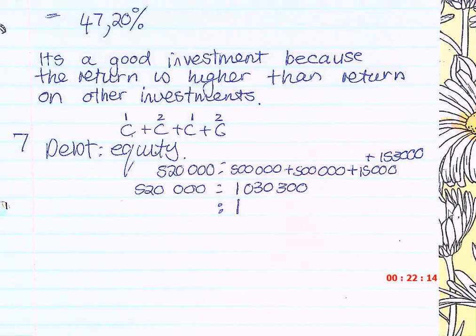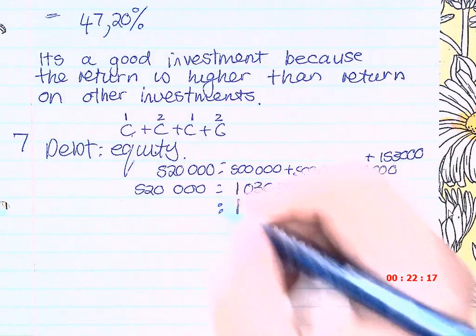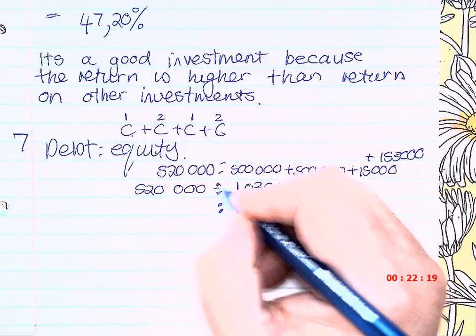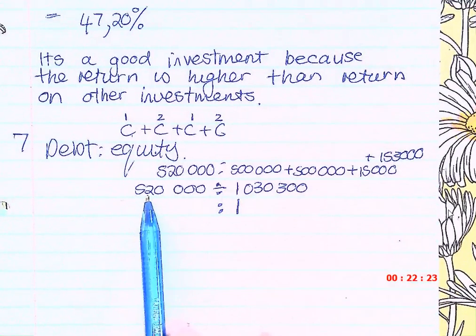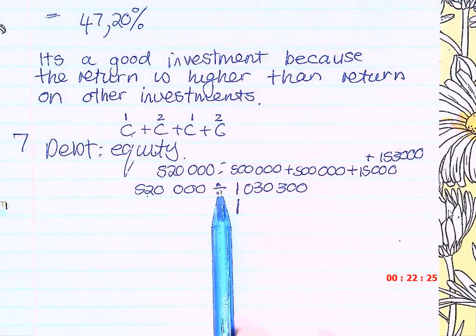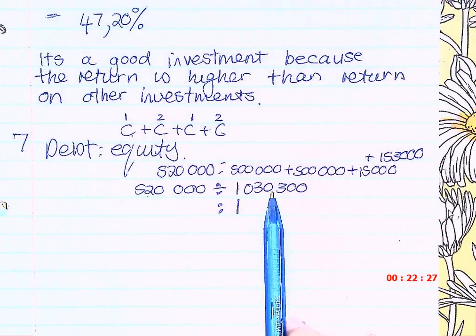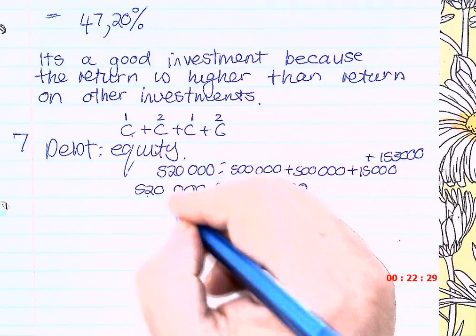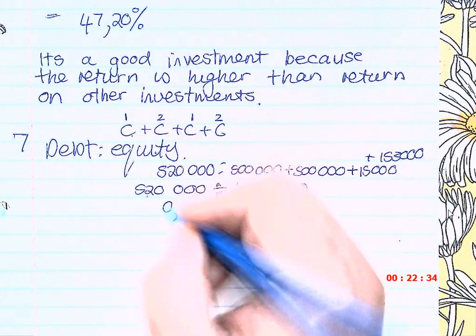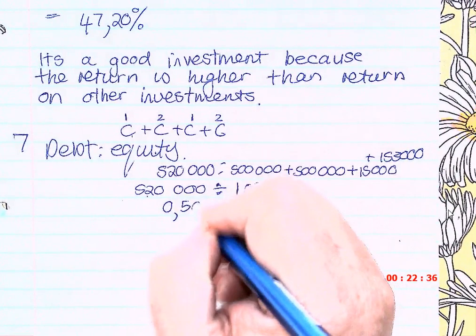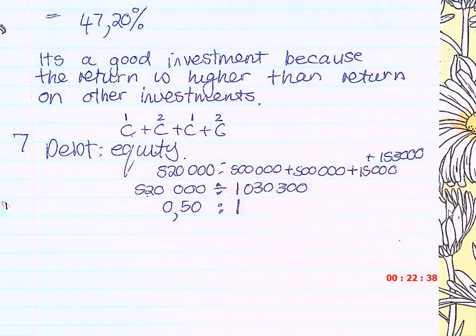So this looks a lot like a division. You say 520 divided by 1030 and it's going to give me 0.5. Okay, let's make it 5.